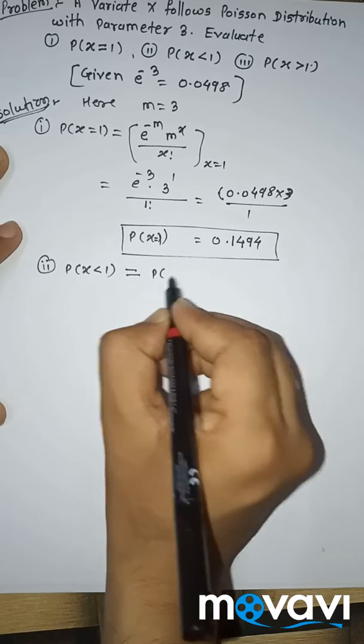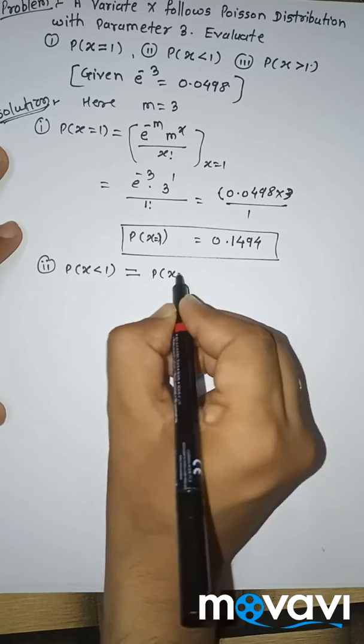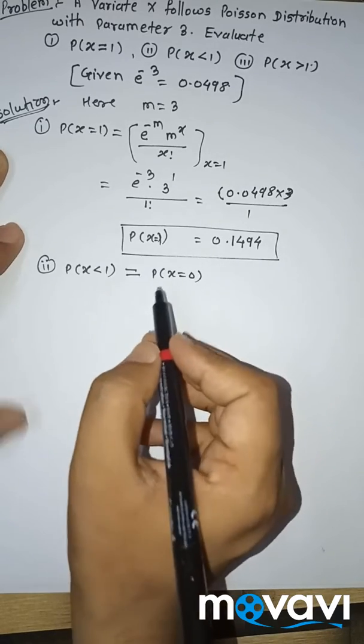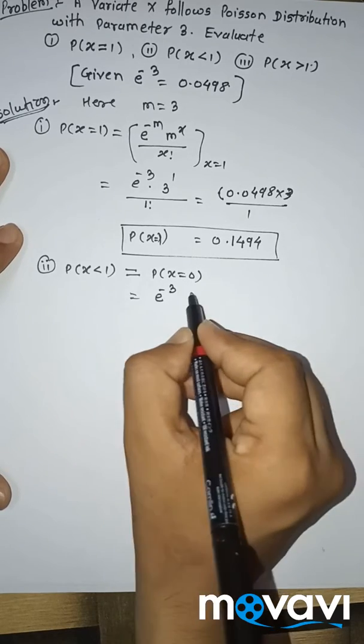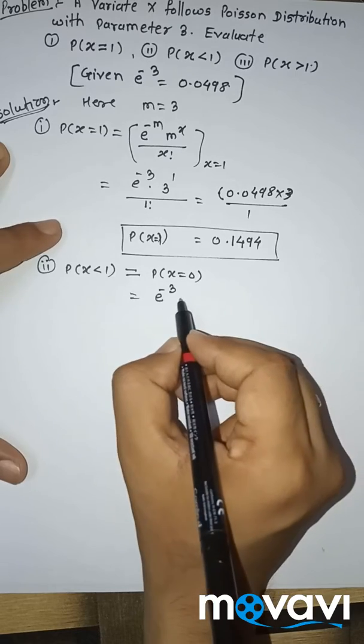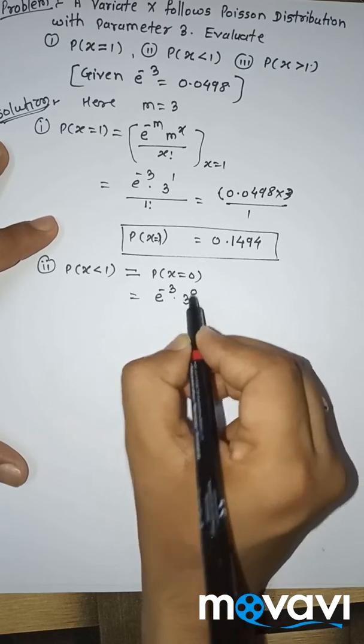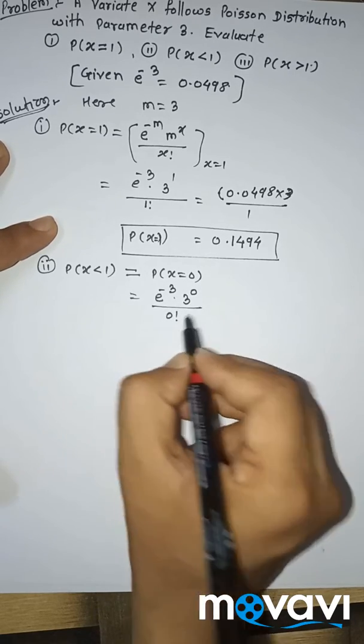Second, probability of x less than 1. This is equal to probability of x is equal to 0, and its formula e raised to minus 3, value of m is 3, into 3 raised to x is 0, upon 0 factorial.